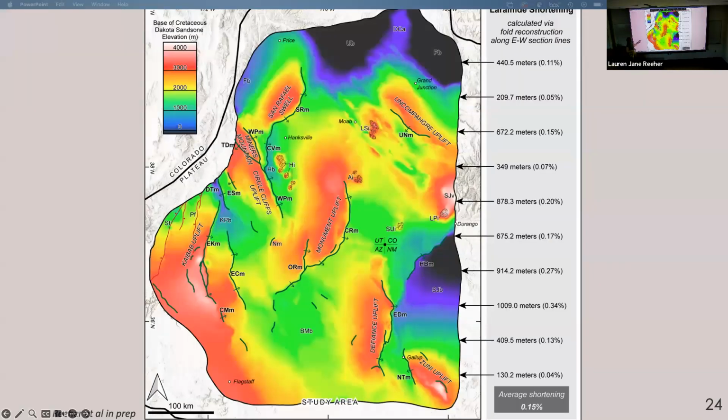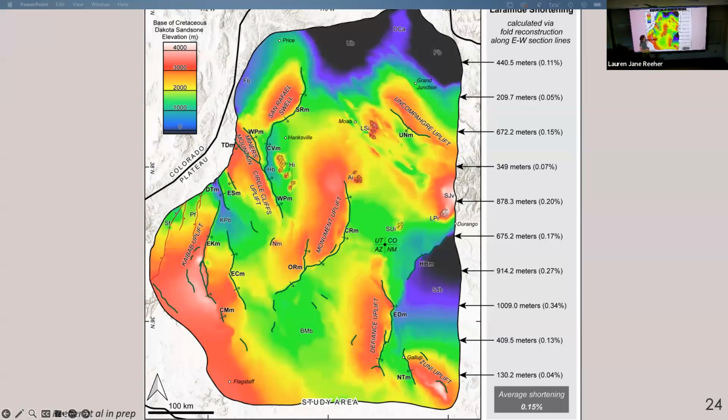This image shows the patterns of folding that we see. What this surface is, it's the base of the Dakota sandstone datum. Because it's a Cretaceous unit, this unit was pretty much only deformed on the Colorado Plateau by the Laramide.